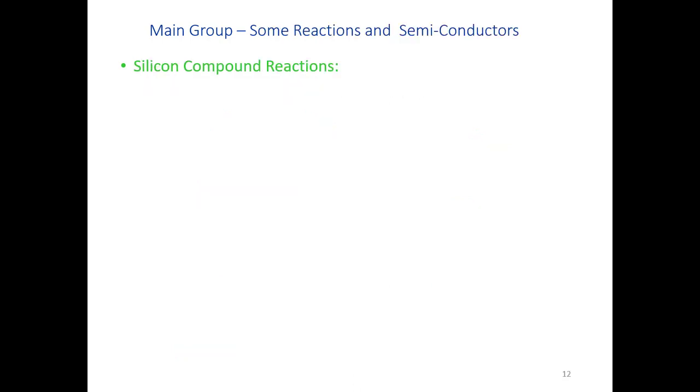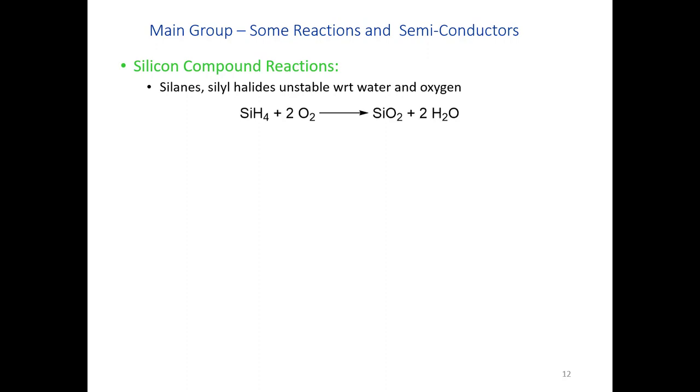So I've teased how these properties influence the reactivity of silicon compounds. Silanes and silyl halides are unstable in the presence of water and oxygen, whereas C-H bonds and C-Cl bonds are stable with respect to water and oxygen under normal conditions.